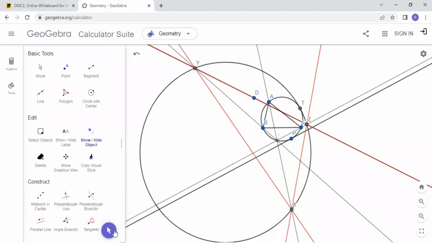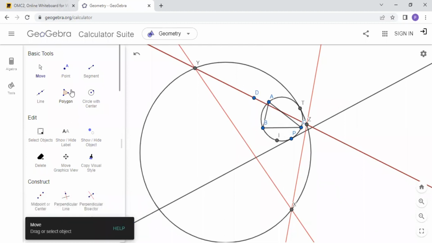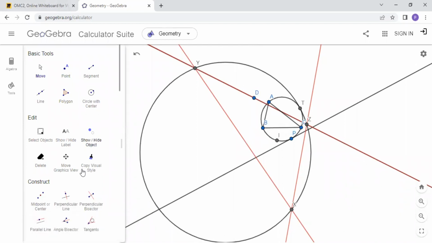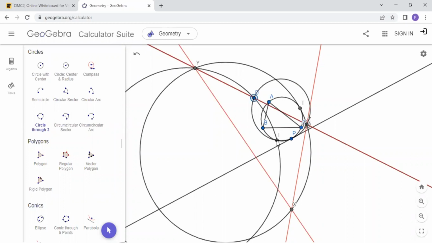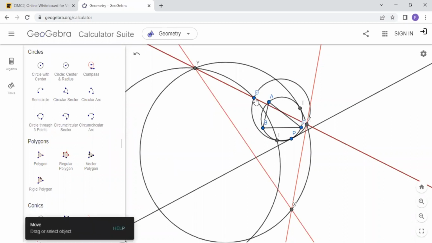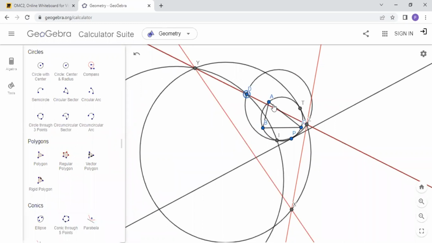Consider the circle YDI, and the circle ZDI. They're not concurrent, as far as I know. How can you do it with any random point?